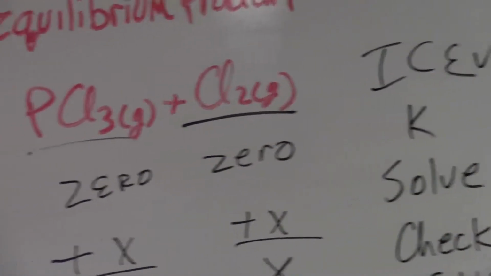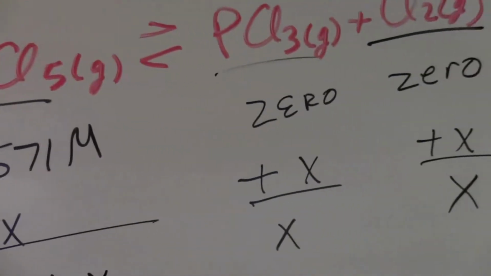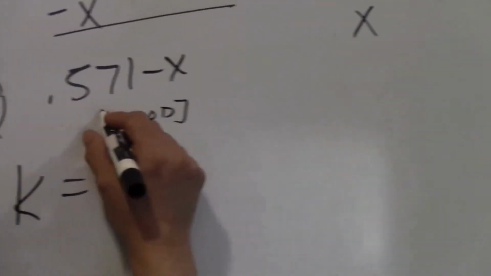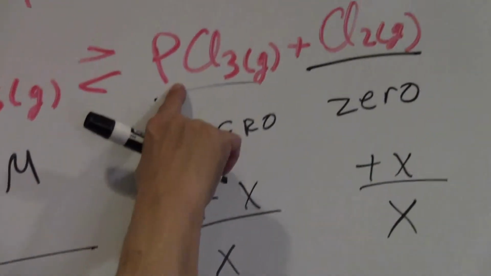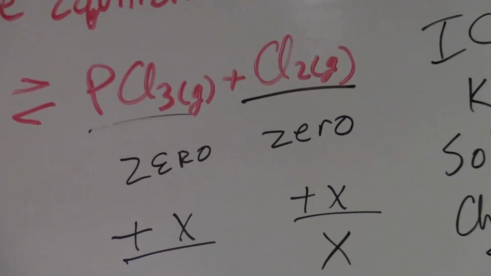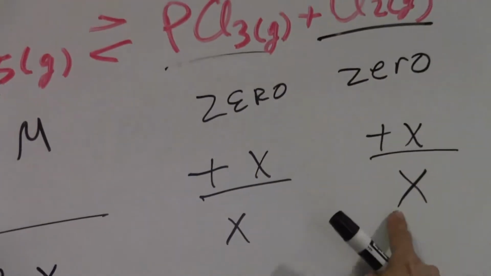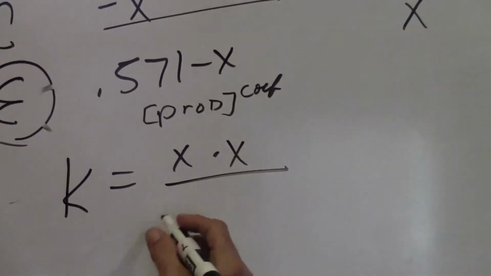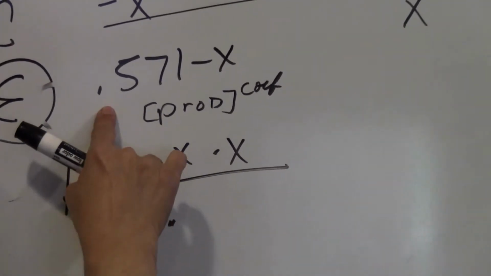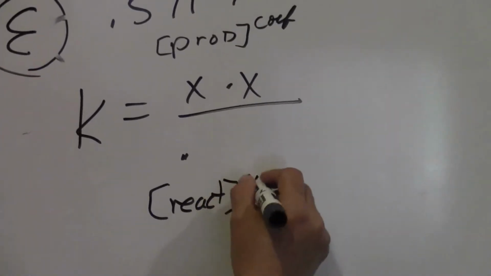Let's do our K expression. Our K, and they're asking for K, is going to be equal to the products raised to their coefficients. So that would be PCl3 has a value of x. Our other product, Cl2, equilibrium value x, divided by our reactants raised to their coefficient.